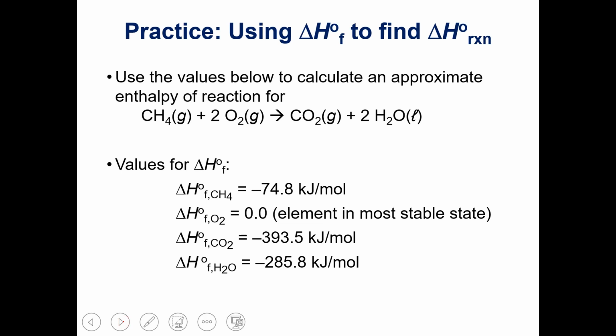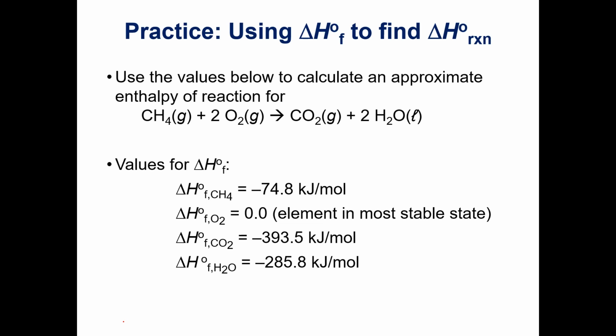So let's take a look at an example. We want to use the values below to calculate an approximate enthalpy of reaction for the reaction that's shown here. One thing I want you to notice is the delta H of formation for oxygen is 0. That is the case for an element in its most stable state.